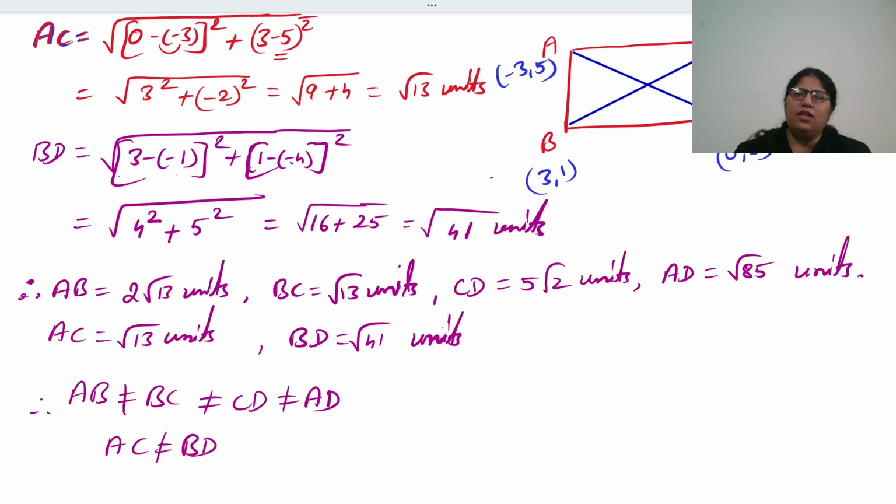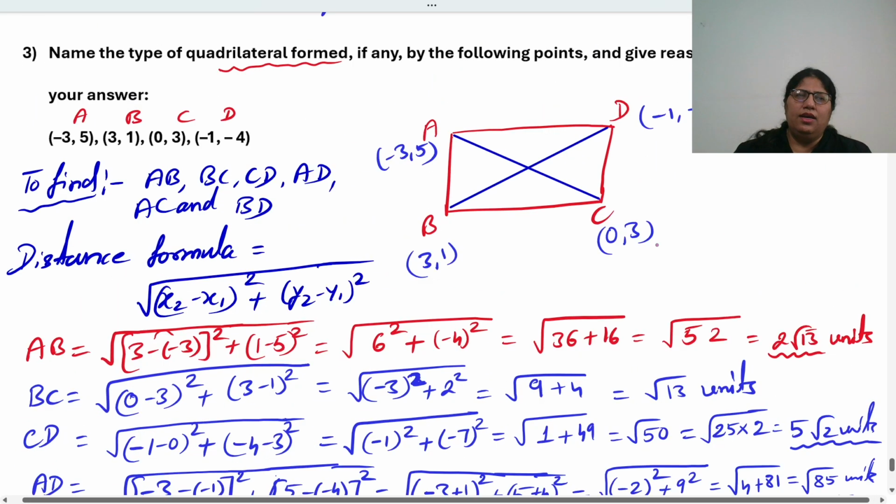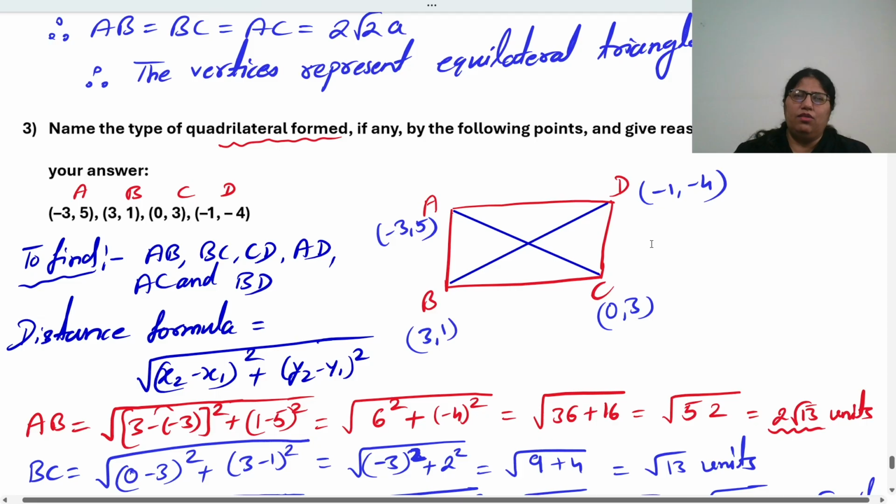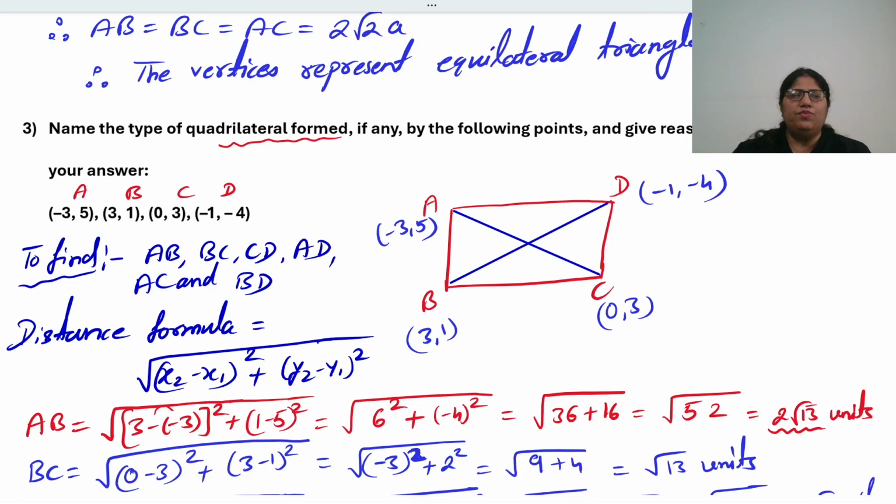Right. So what was the question they were asking here? They were asking: name the type of quadrilateral formed, if any, by the following points and give reason for your answer. So we have observed that it is just a quadrilateral, because if you are taking a parallelogram, opposite sides should be equal, and for a rectangle, opposite sides are equal and diagonals are also equal.